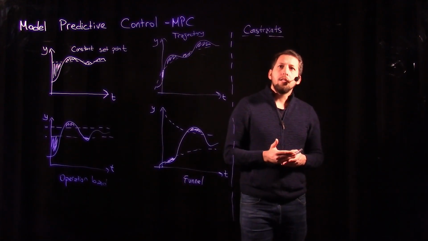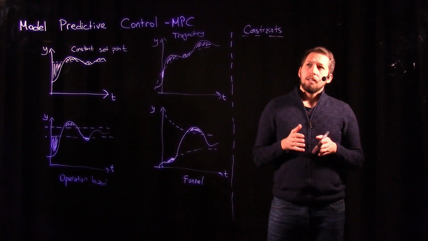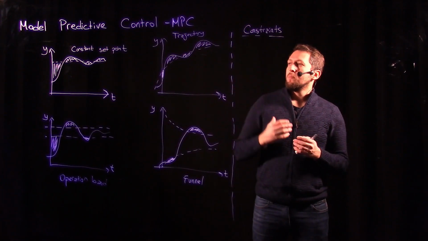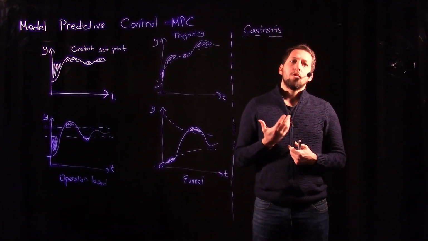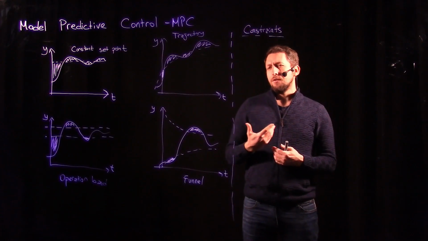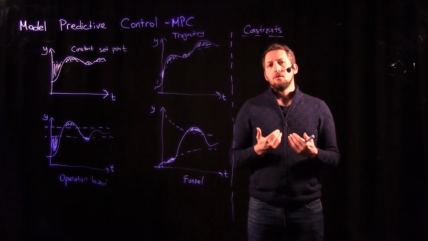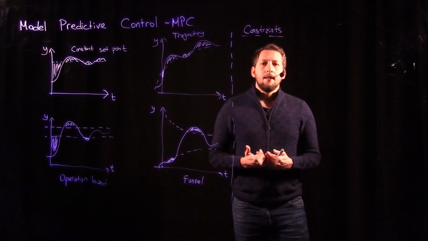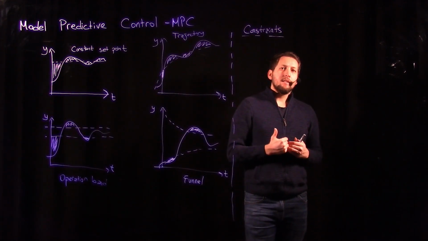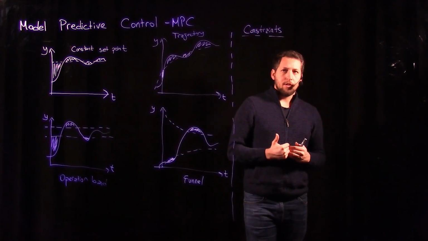But on the other hand, due to the flexibility of the MPC, there could also be some soft constraints. For example, if you have constraints for your internal system states, these may sometimes be softened.